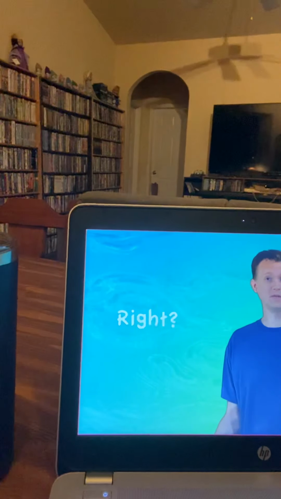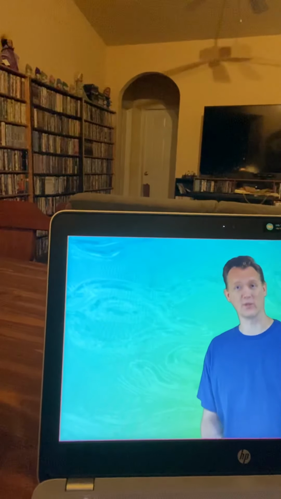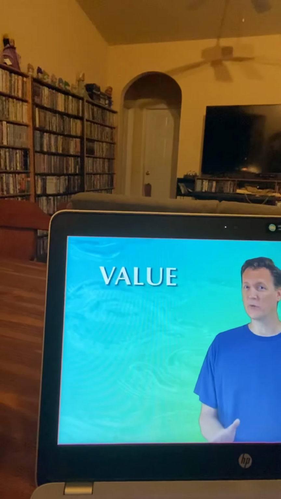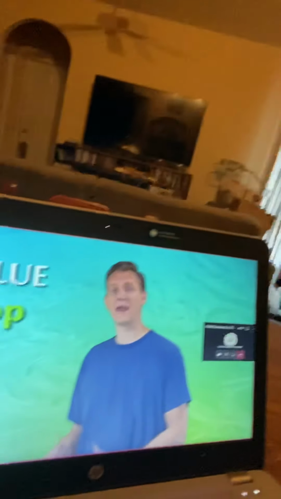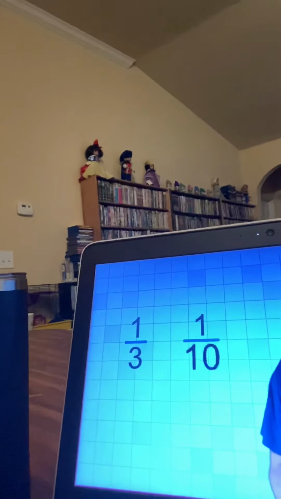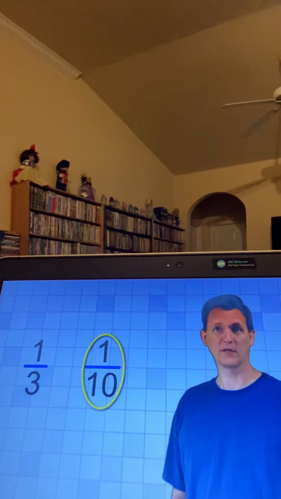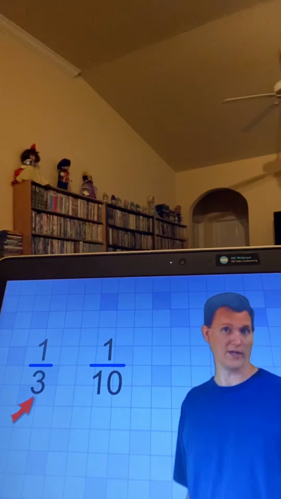That sounds easy, right? But unfortunately, unlike regular numbers, it's not always easy to tell which fraction is bigger just by looking at them. That's because the value of a fraction depends on both the top and bottom numbers and how they relate to each other. For example, if you have to compare these two fractions, 1 over 3 and 1 over 10, some of you might be tempted to say that 1 over 10 is bigger because you know 10 is bigger than 3, right?